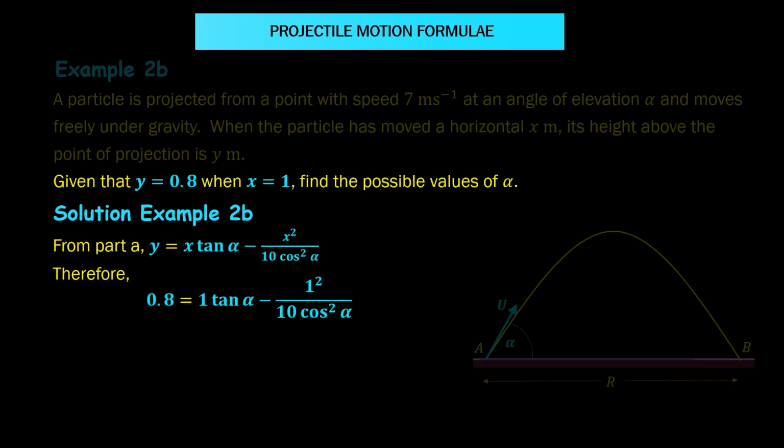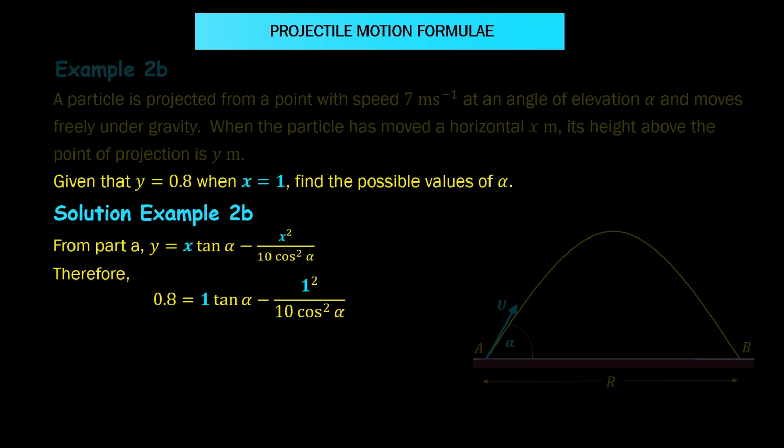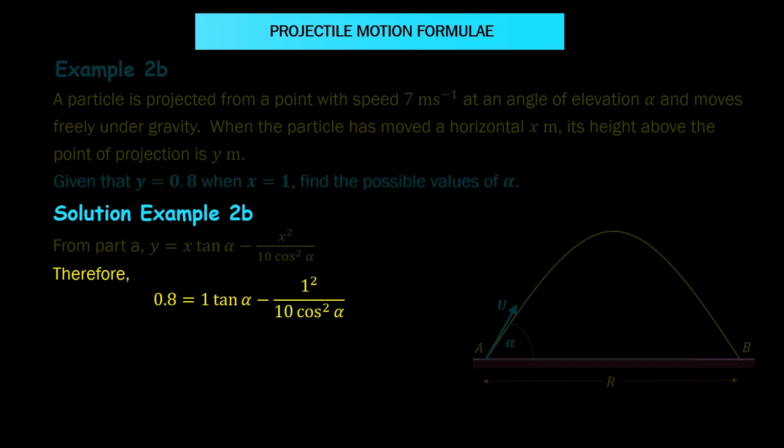And so we can plug in y equals 0.8 and x equals 1 into this expression. x equals 1 goes here and here, and y equals 0.8 goes here. Then tidying up a little gives us this expression.